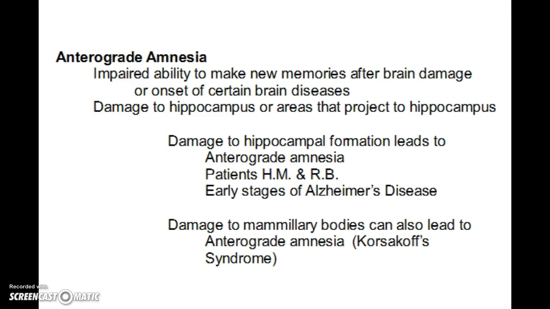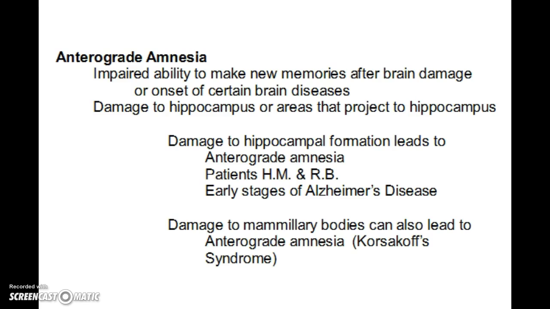But you may also associate the early stages of Alzheimer's disease with anterograde amnesia, in particular because what we're seeing is damage to the hippocampus, but what we're also seeing in terms of symptoms is the inability to learn new information. People with early stages of Alzheimer's disease struggle with new names and new places.